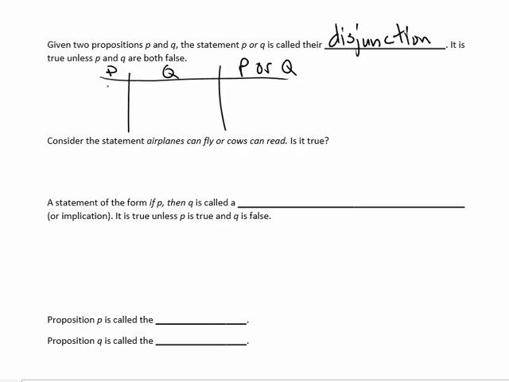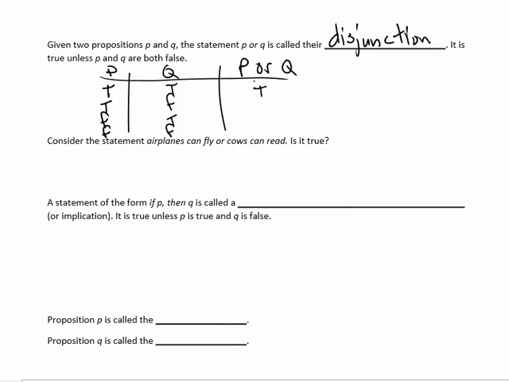Okay, so let's go with P and Q are both true, P is true and Q is false, P is false and Q is true, and then they're both false. Let's look at the four different cases. Is P or Q a true statement? Well, if P and Q are both true, then one of them is true, so we're fine.